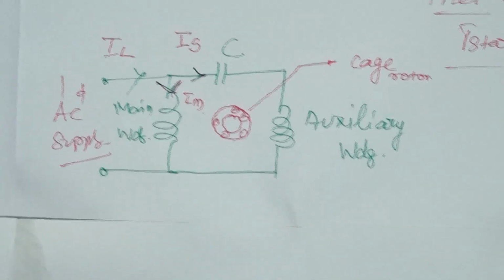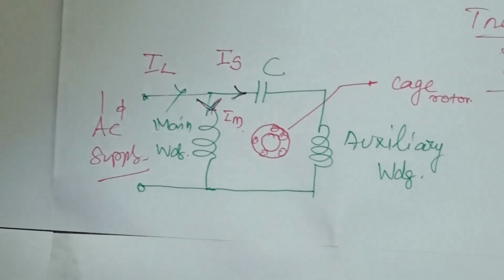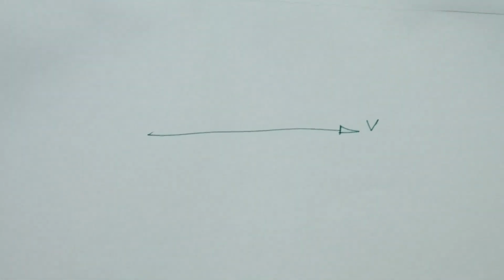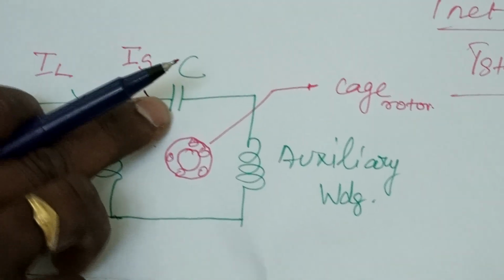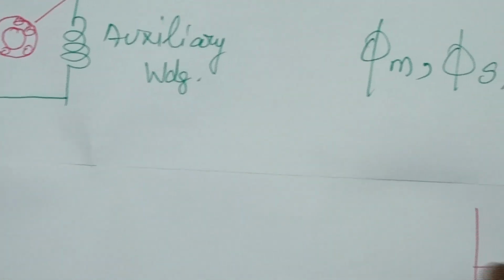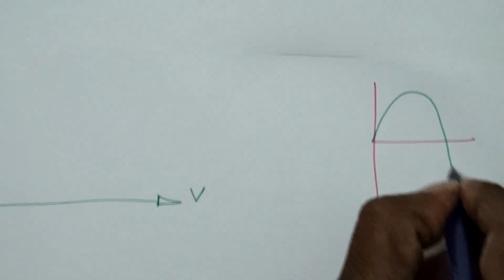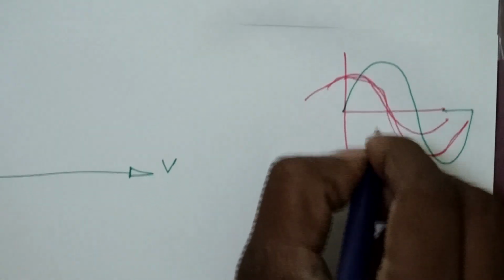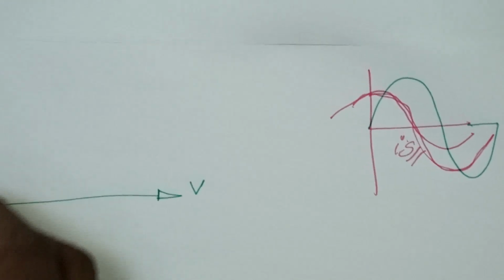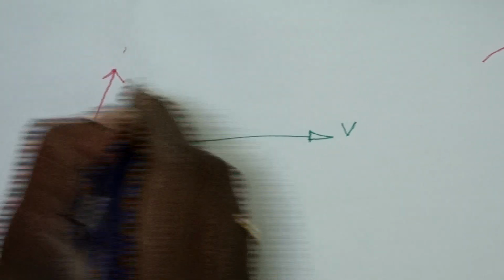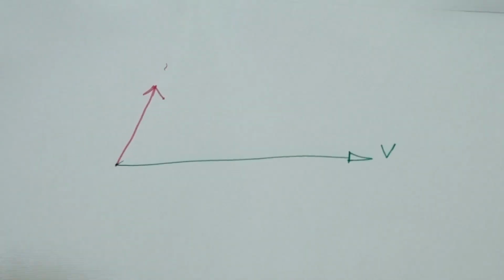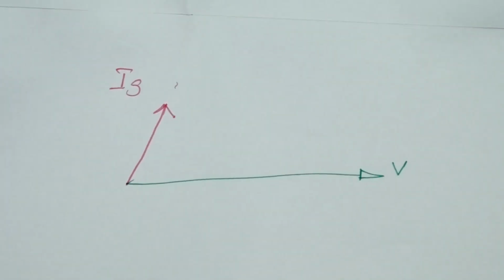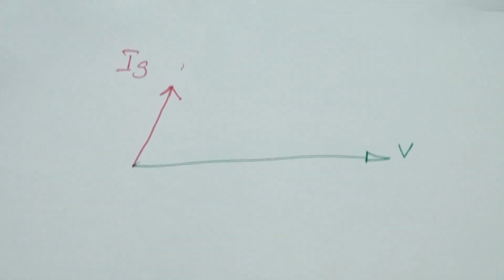These two currents are 90 degrees phase separated. Looking at the phasor diagram, this is the supply voltage V. Because of the capacitor, we know that the current is in phase in resistive circuits, but it leads in the case of a capacitor. So this Is current will lead the supply voltage, by some angle according to the capacitance value.